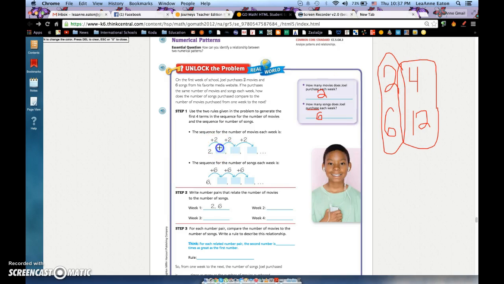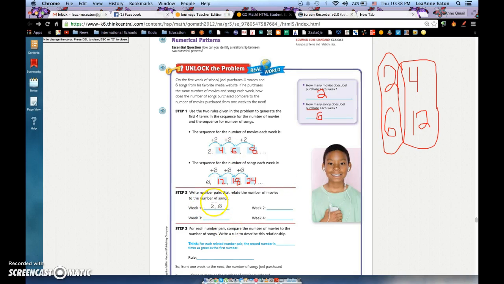So we do this pattern. We have 2, 4, 6, 8. For the songs, 6, 12, 18, 24. And we know how to do patterns and we know how to count, so this is quite easy.